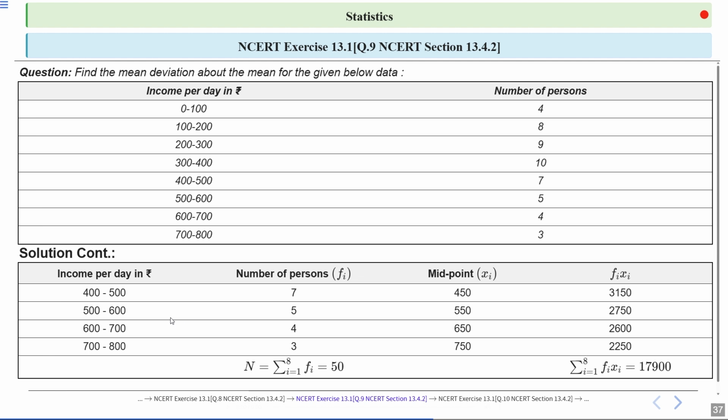So n equal to the summation from i equal to 1 to 8 of fi, and the total frequency is basically 50. So n equal to 50, and here the summation of fi xi from i equal to 1 to 8 is 17,900.